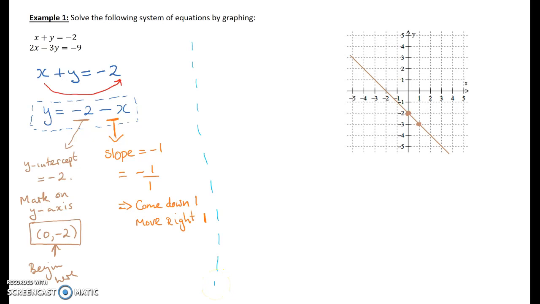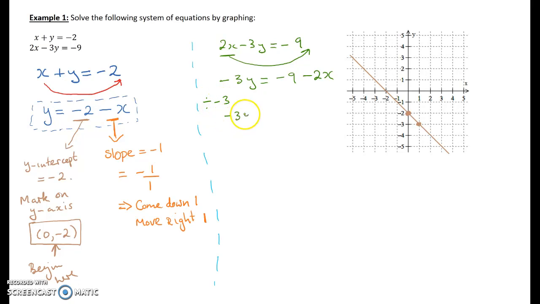So if we take the second equation, it's 2x minus 3y is equal to -9. We want the y on its own, so that means the 2x has to move across. And if we move the 2x across, look what we're left with. We're left with -3y is equal to -9, and then we pull the 2x over as well, so that becomes -2x. If we want y on its own, we're going to have to divide by -3.